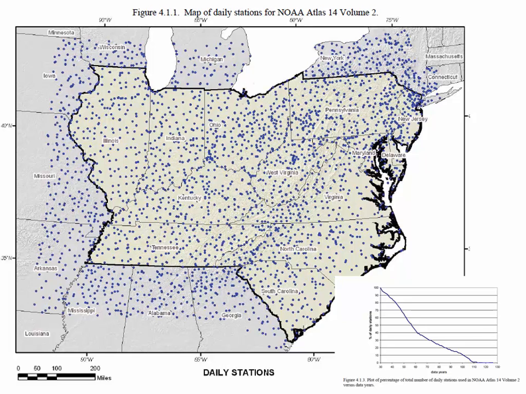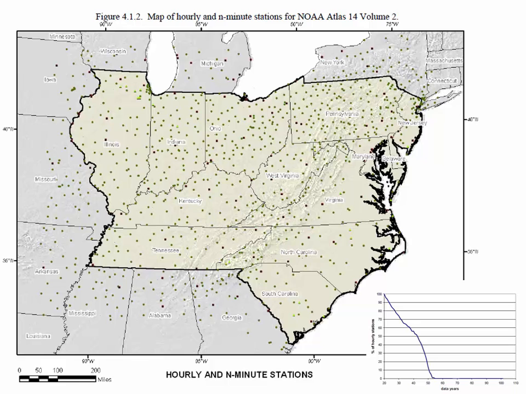Here's a look at how many sites there are that are gathering daily rainfall totals. These are the sites that went into NOAA 14. There are not very many stations gathering hourly data. If you look at this, the coverage is very sparse. There's maybe only 20 in the state of West Virginia where we have hourly data being gathered.